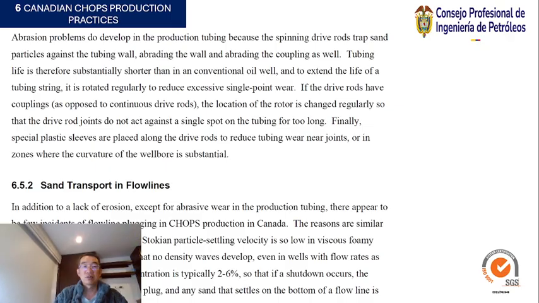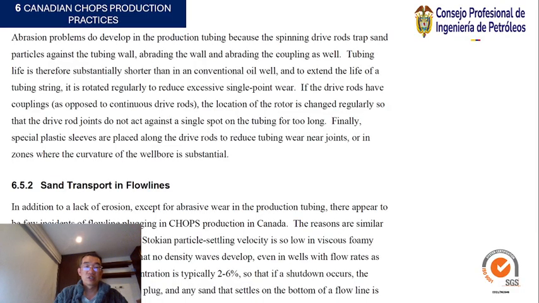Finally, special plastic sleeves are placed along the drive rod to reduce tubing wear near joints or in zones where the curvature of the wellbore is substantial. Sand transport in flow lines.